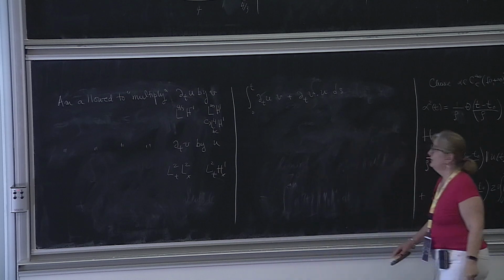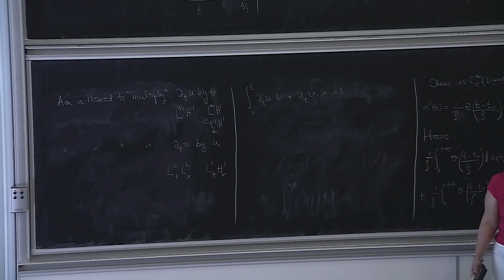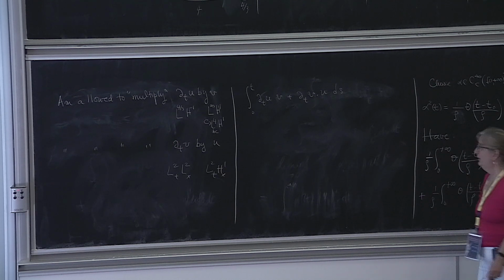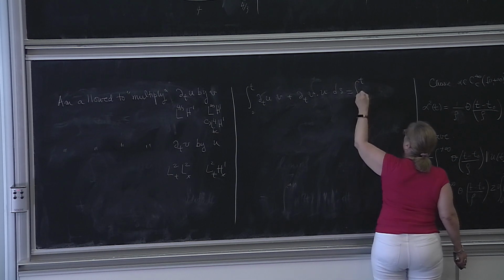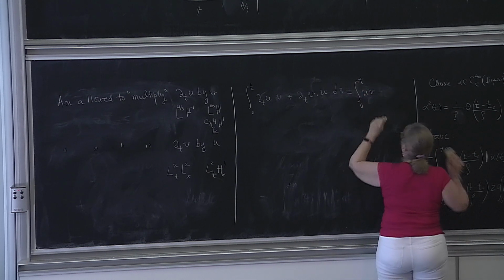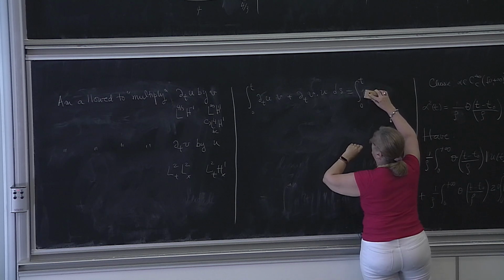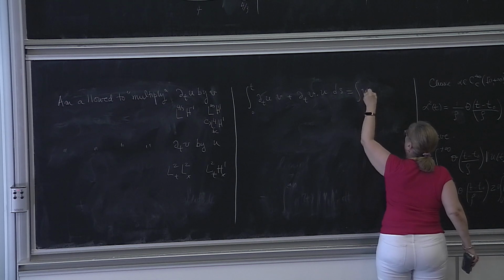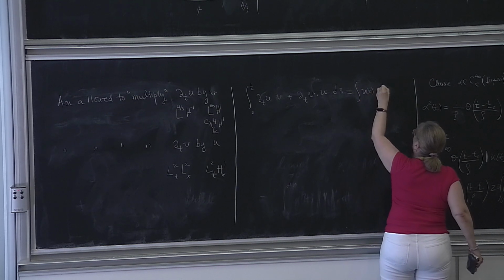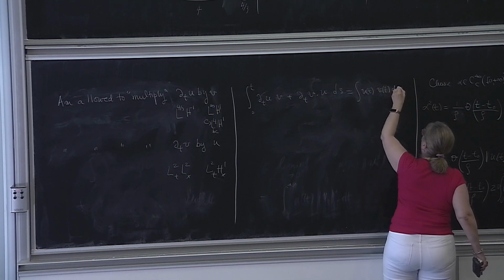So this object, on the one hand, is the time derivative of u times v, and that's equal to u times v at time t minus u times v at time 0. Sorry, this is equal to the integral of u of t, v of t, dx.